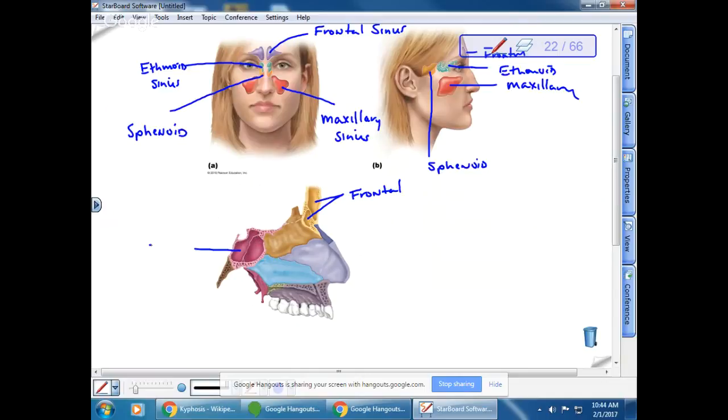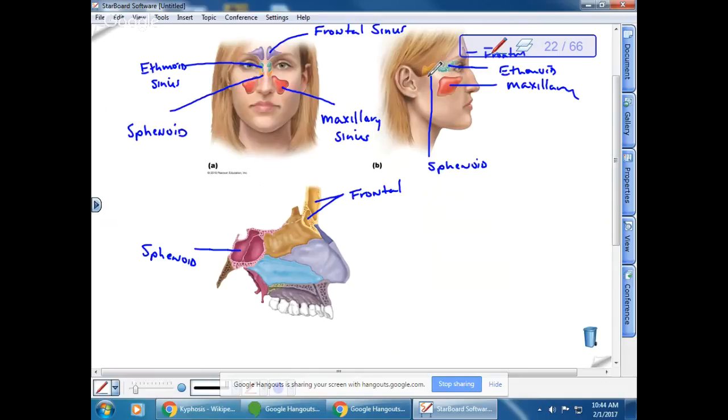So this would also be the sphenoid. So the sphenoid comes all the way down to your jaw, pretty much? Yes. Is the sphenoid or maxillary bigger? I think the maxillary is bigger, just from this picture. It looks to me like the maxillary would be bigger than the sphenoid that would be located up here.